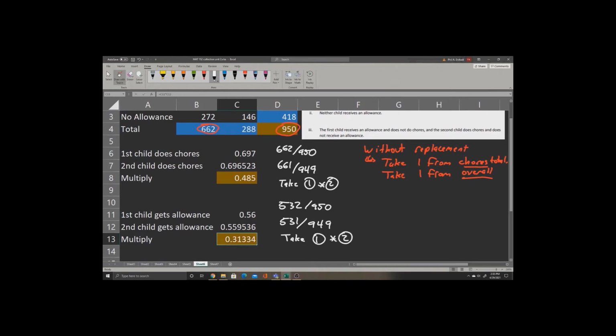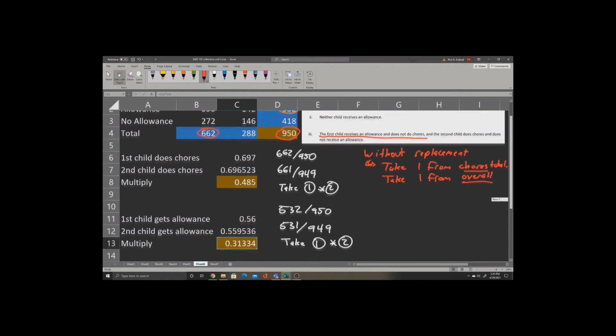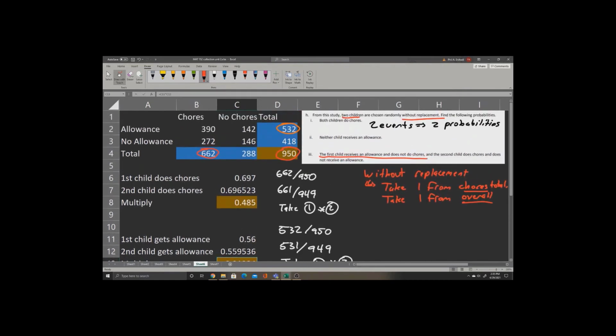So now let's move to part 3. We are asked the probability that the first child receives an allowance and does not do chores. Let's find this first. Let's look under allowance and not doing chores. That will be located underneath the no chores column and the allowance row, giving us 142. Let's record this below.